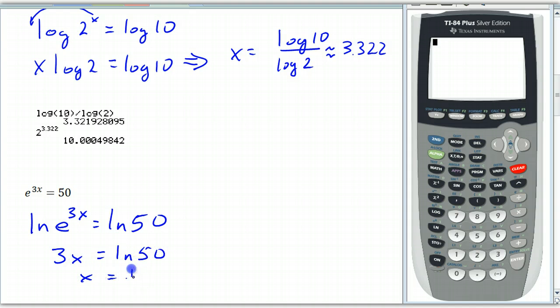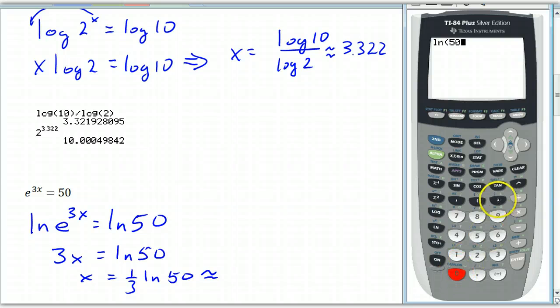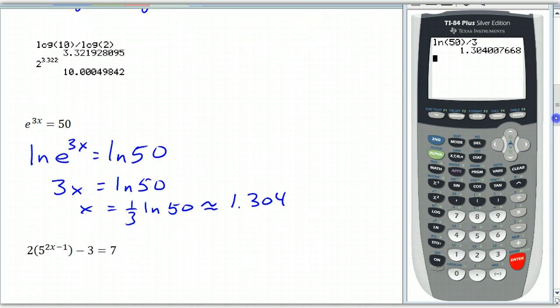So x is 1/3 the natural log of 50. And so we can go natural log 50 on our calculator, divide it by 3, and get our answer, 1.304. Next example.